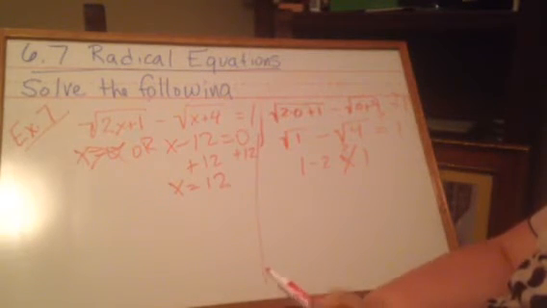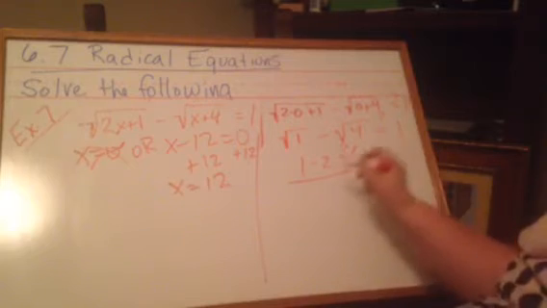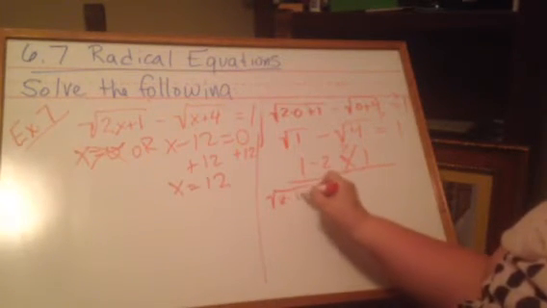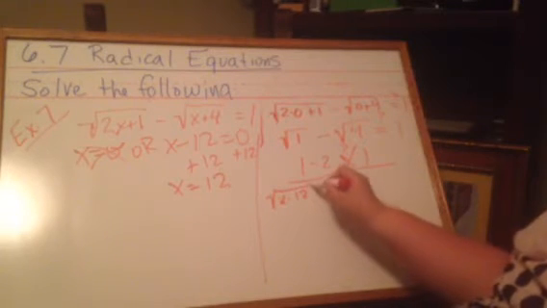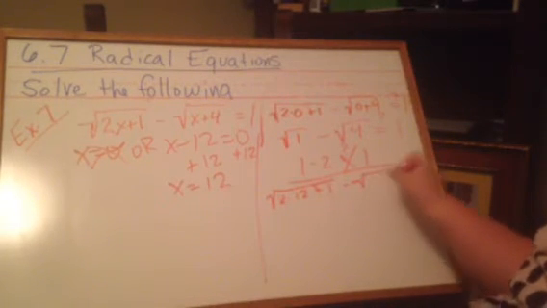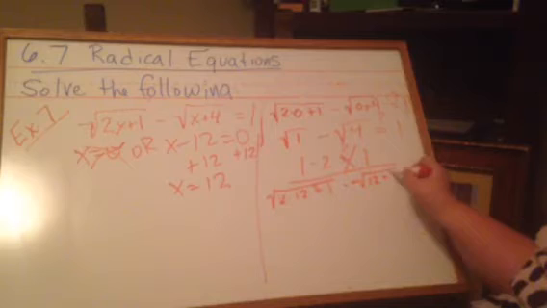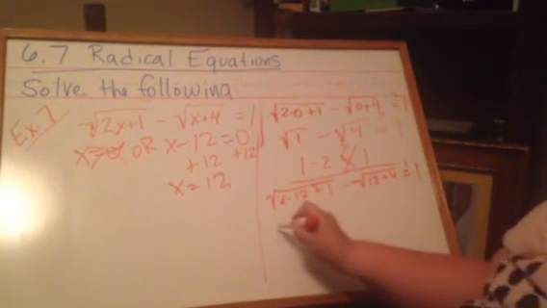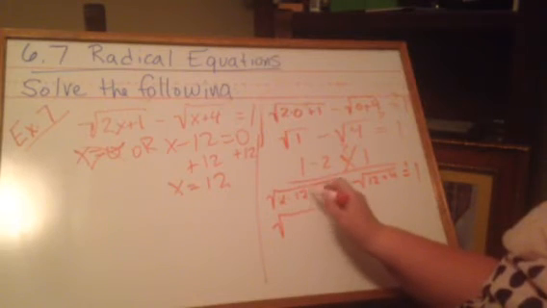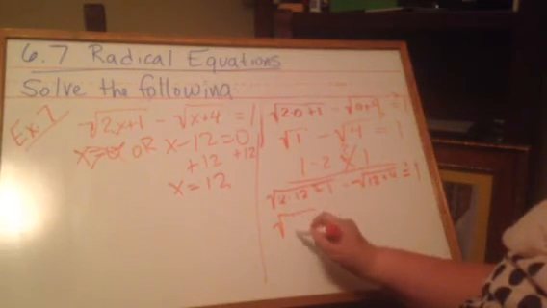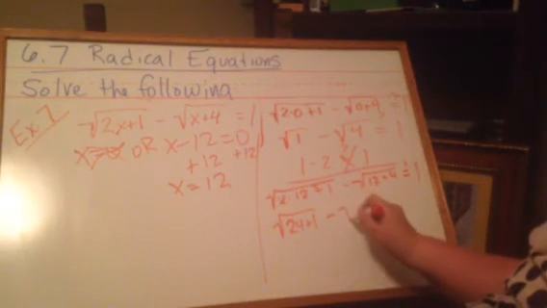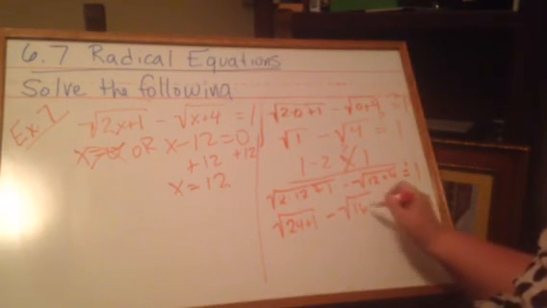All right, so let's check x equals 12. So that'd be square root of 2 times 12 plus 1 minus square root of 12 plus 4. Does it equal 1? So that's square root of 2 times 12 is 24 plus 1 minus square root of 16.